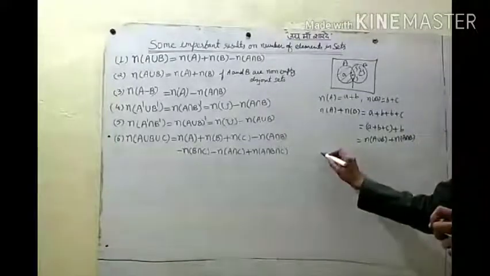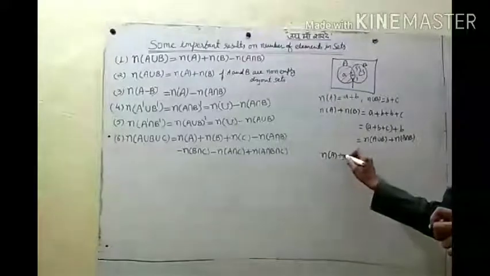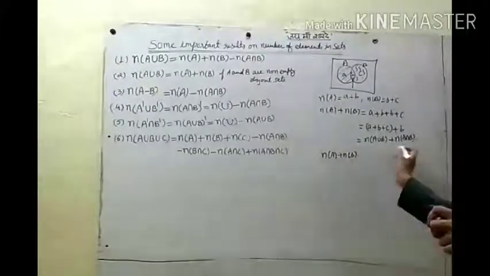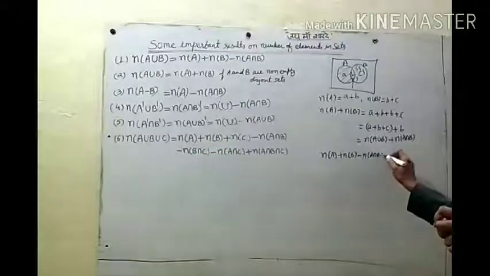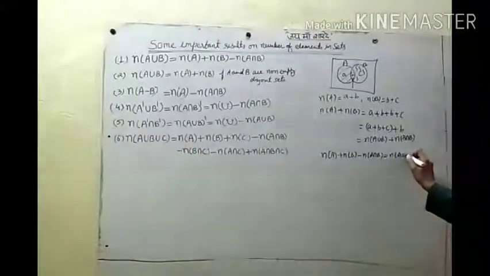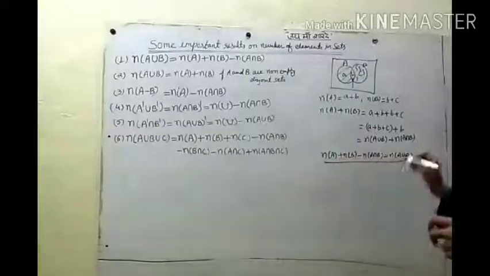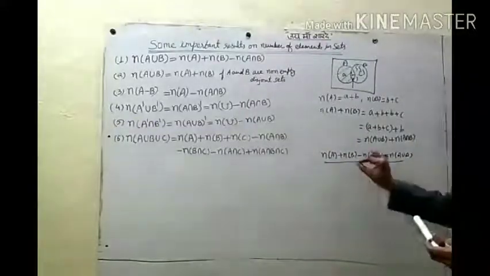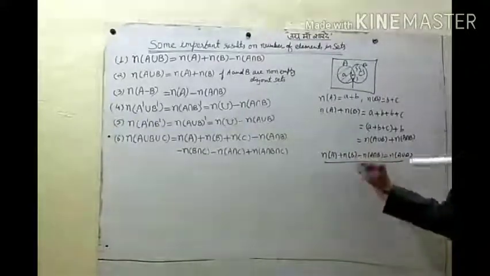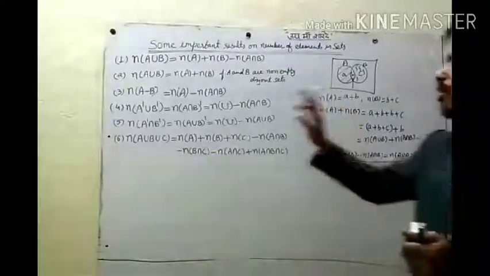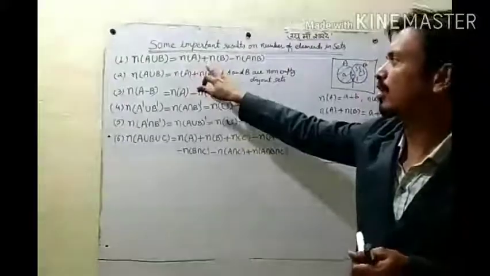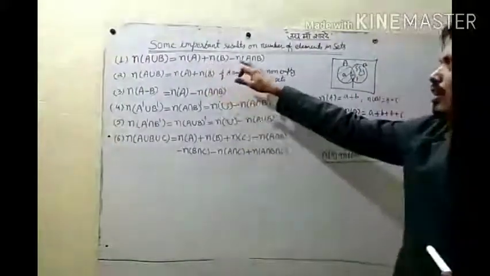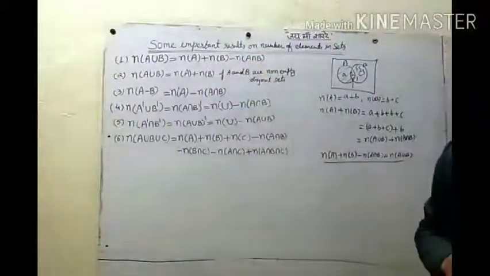So we get n of A plus n of B, this we can transpose here, minus n of A intersection B is equal to n of A union B. Okay? So it is a very important formula. Many times we will use this formula. So the number of elements of A union B is equal to the number of elements of A plus the number of elements of B minus the number of elements of A intersection B.